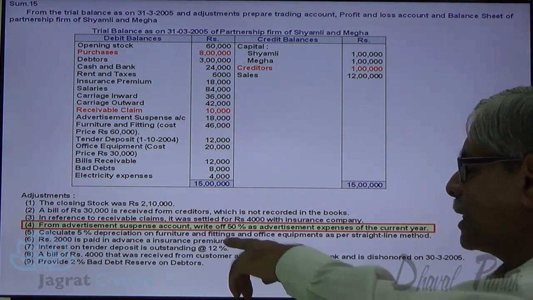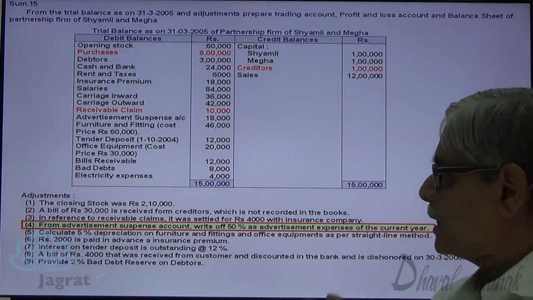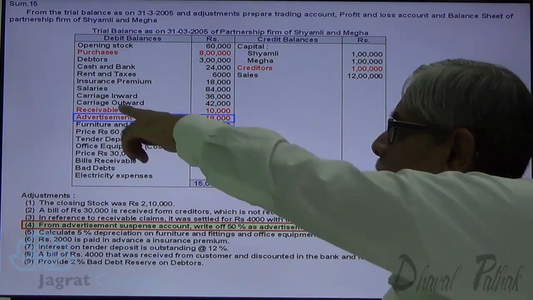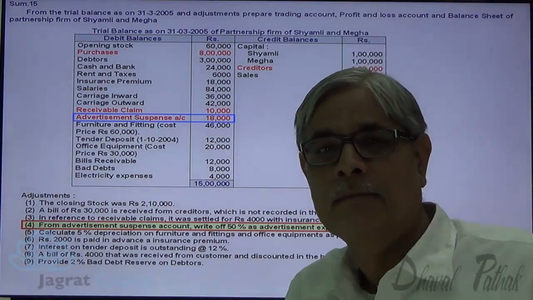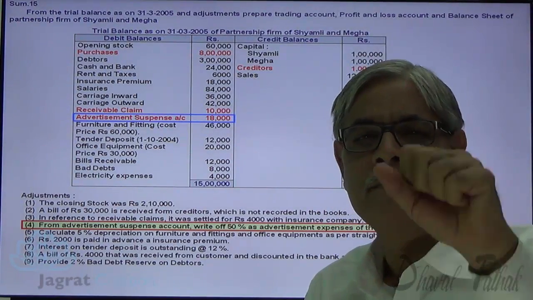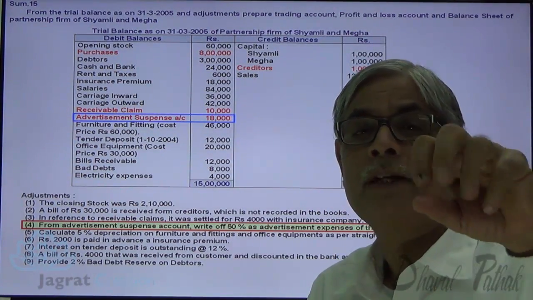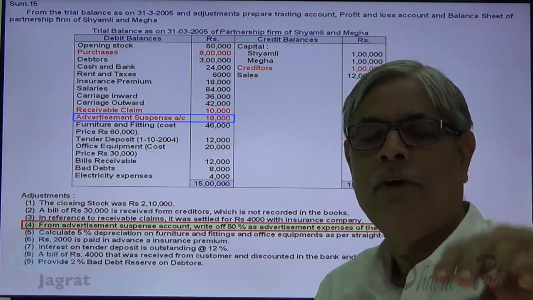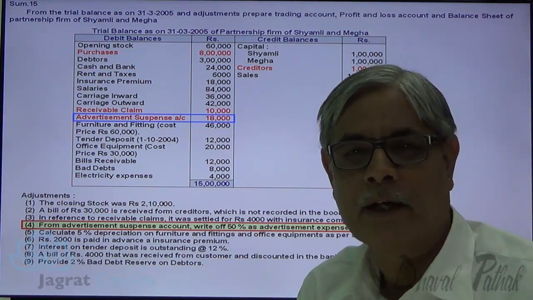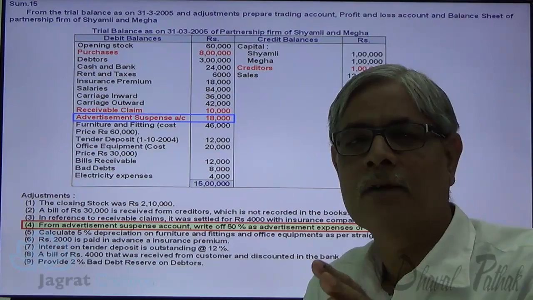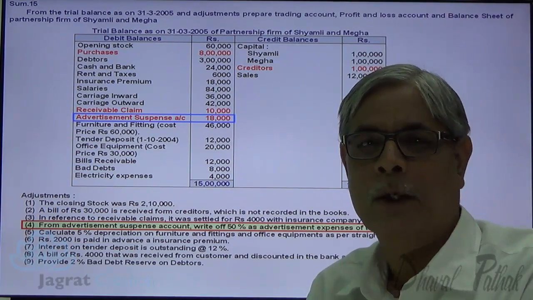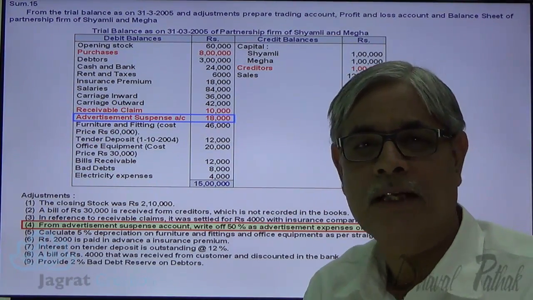From advertisement suspense account, 50% of the expenses are to be written off. Advertisement suspense account 18,000. 50% means 9,000 will be transferred, means debited to profit and loss account, and balance 9,000 of advertisement suspense account will be carried forward in the balance sheet asset side.